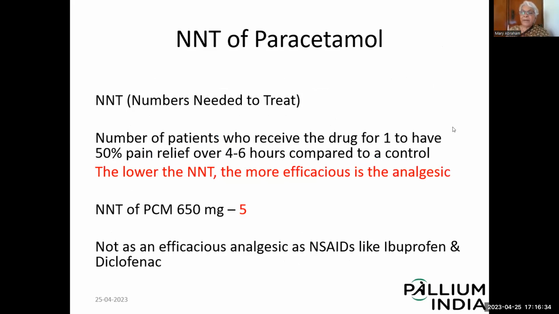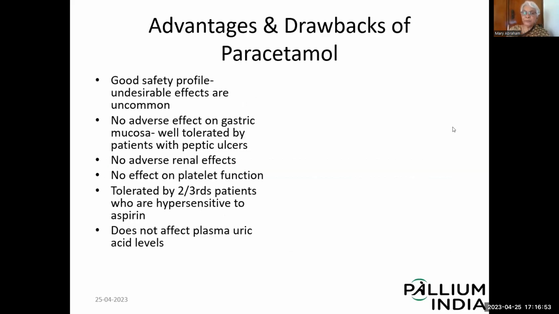So if you're giving 5 patients paracetamol, then one will have good relief. It means that if the NNT is low, the drug is stronger and the analgesia is more efficacious. For example, Brufen and diclofenac have a lower NNT as compared to paracetamol. So remember, the NNT of paracetamol is 5.